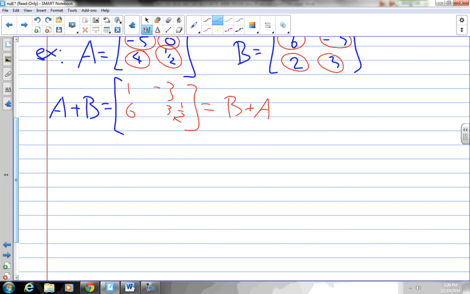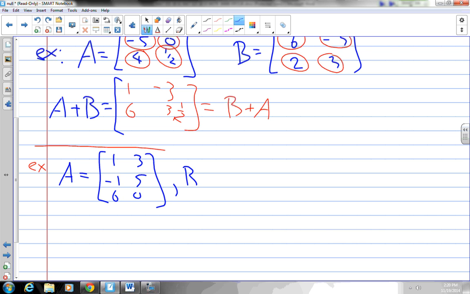Well, let's take this example. Matrix A is a 3 by 2 matrix: 1, 3, -1, 5, 6, 0, and matrix B is -1, -2, 1, -2, -3, and a 1.